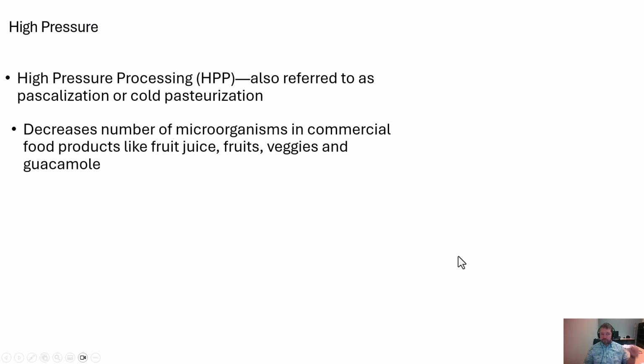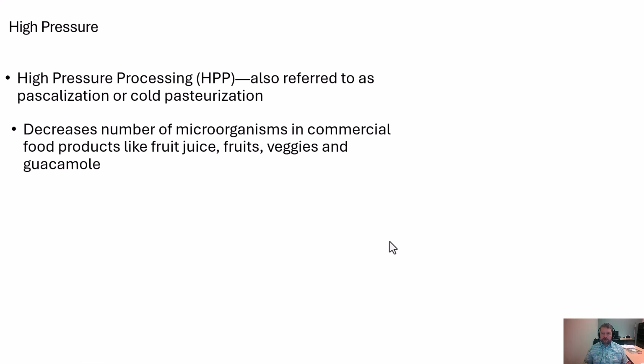All right, high pressure is another technique. So high pressure processing, it used to be called cold pasteurization. I think now pascalization is more of a popular term, but all of them are used interchangeably, and the process is really no heat.